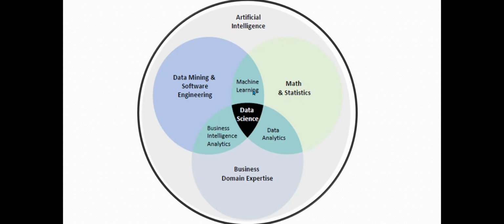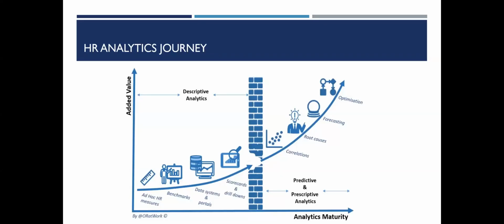These are very much hardcore technical work, which we normally leave to the experts. Now, the combination of all these three will form data science, which is the domain of how we use science to analyze data. And all these form under the grand scheme of AI, artificial intelligence. So for this course, we are going to focus more on data analytics right here.